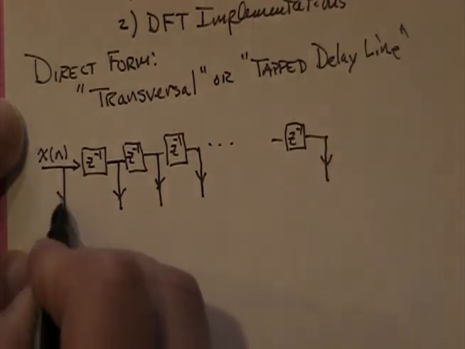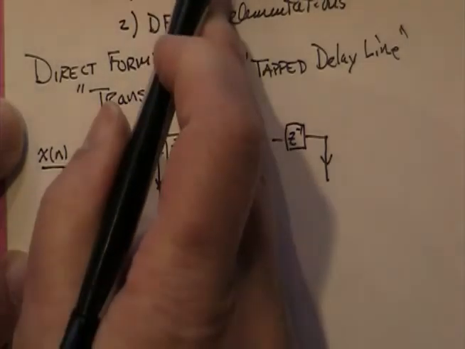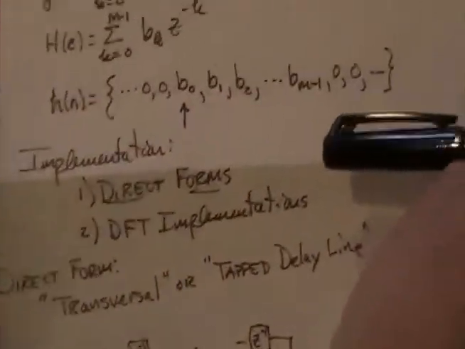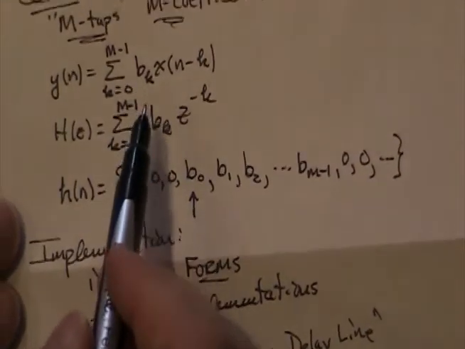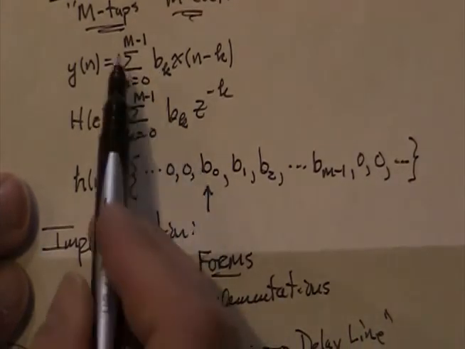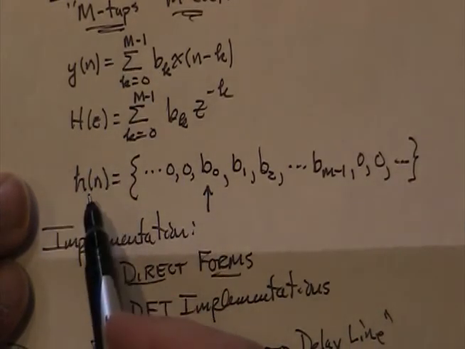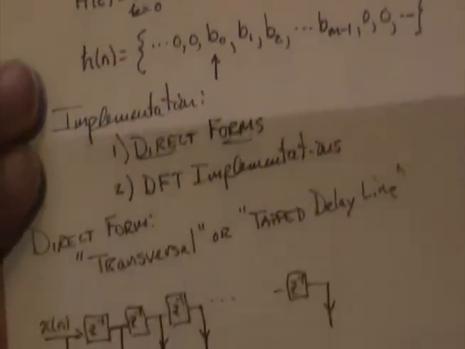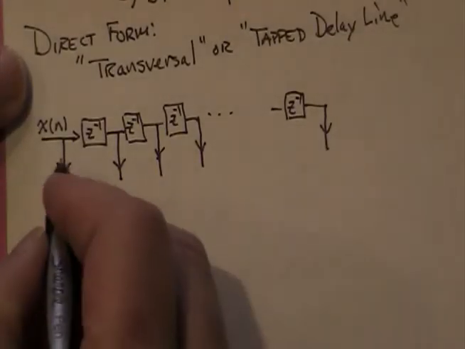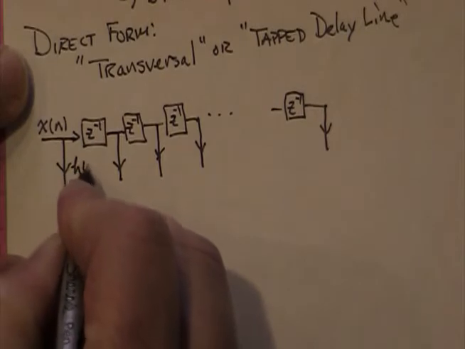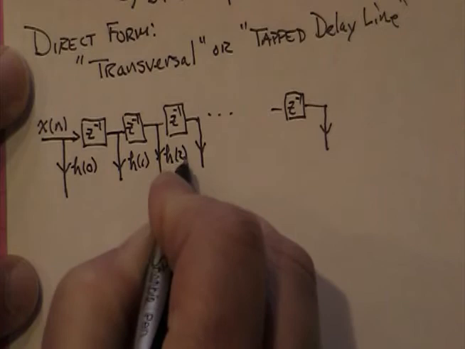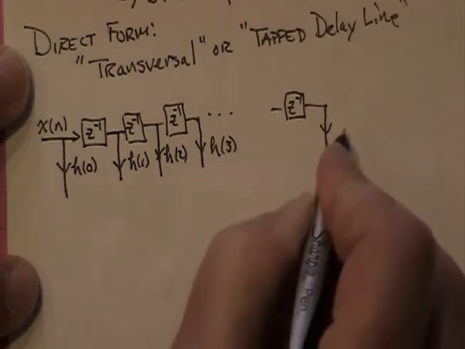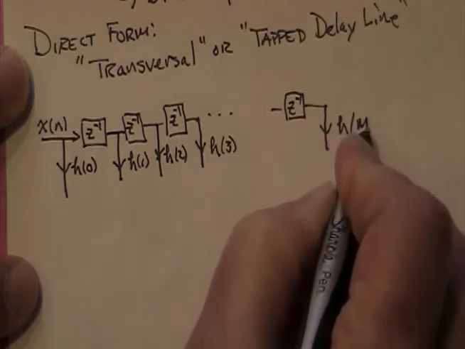And the coefficients here should be exactly these b0, b1, whatever terms. For IIR filters, we always talk about the numerator coefficients being b's. For the FIR filters, it's the same. They are the impulse response values. So often when you see these block diagrams, you'll see them written just in terms of h of 0, h of 1, h of 2, h of 3, all the way out to h of M minus 1.